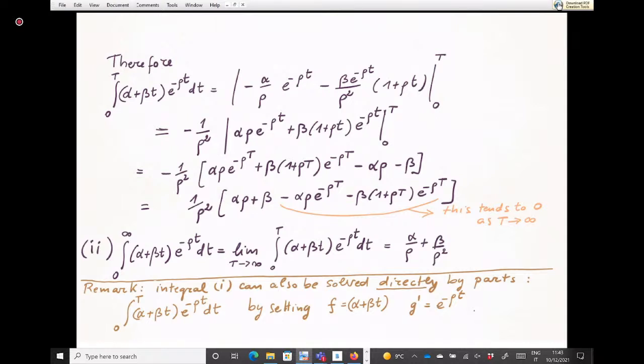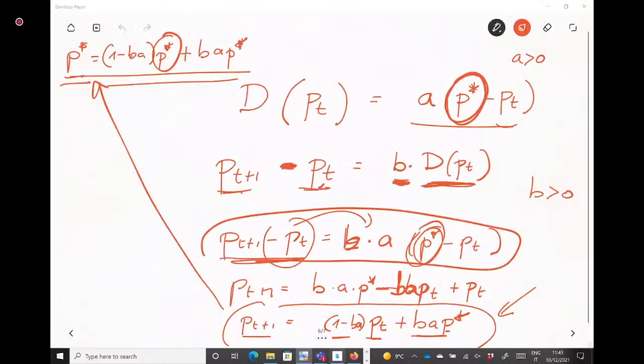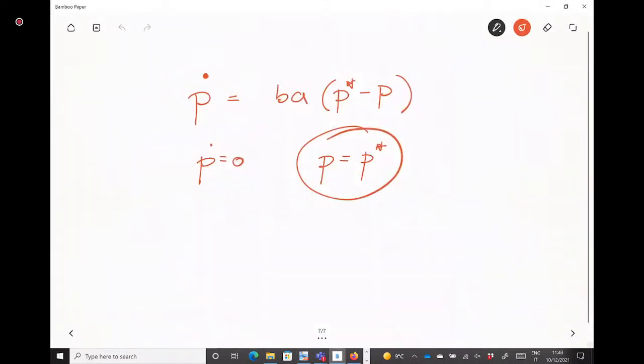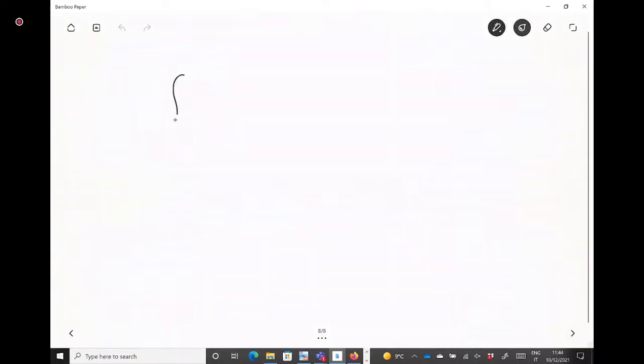But solving an integral by parts as a definite integral requires being a little bit careful with the solution steps, because if you have a very simple integral, which is the integral between 0 and capital T of t times exponential of minus t dt, okay, and this is your f, and this is your g prime, you have to compute g as minus exponential of minus t, okay?